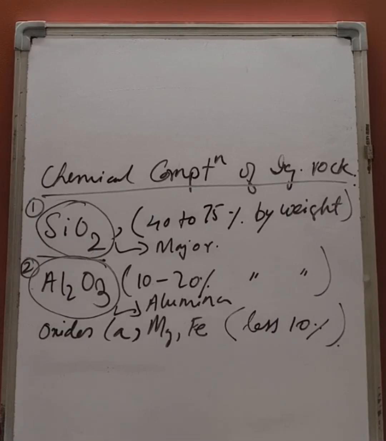Based on the chemical composition of the magma, igneous rocks are divided into acidic rocks and basic rocks.